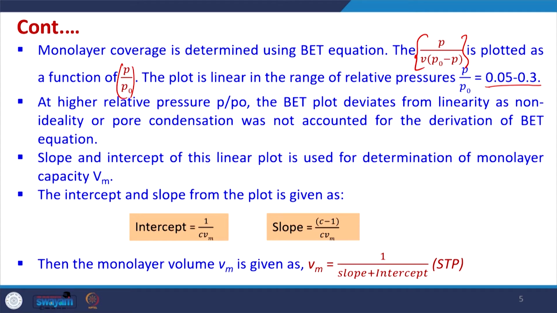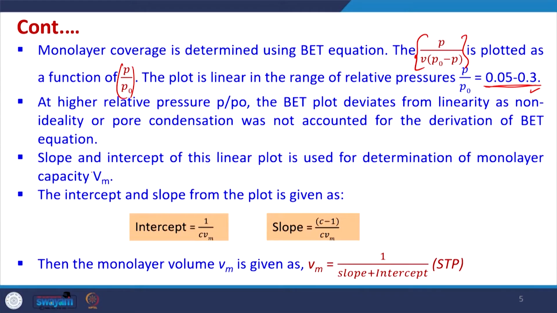At higher relative pressures the BET plot may deviate from linearity, as non-ideality and pore condensation etc. may start occurring at those conditions for gas phase adsorption. So, we only consider data up to the range where the linearity holds, and generally it will be up to a relative pressure of 0.3.